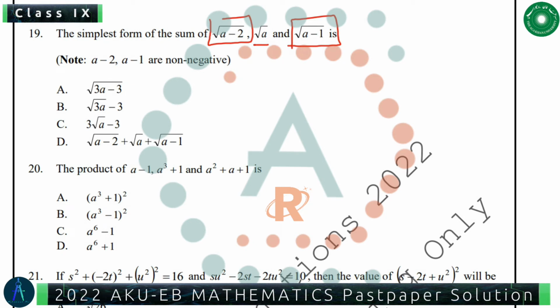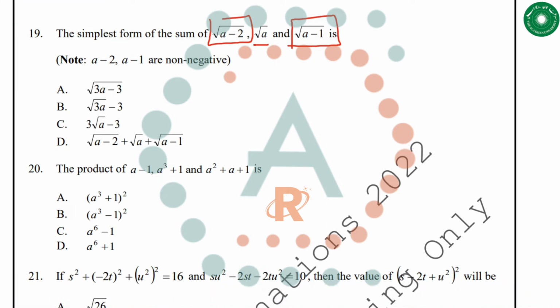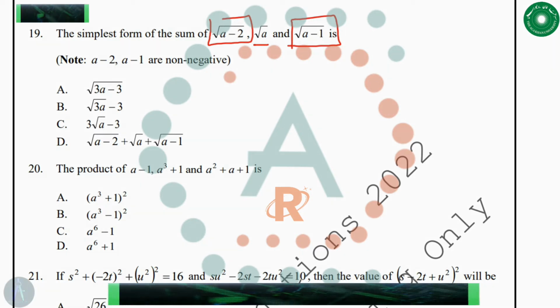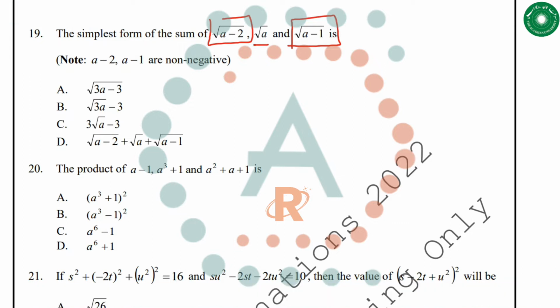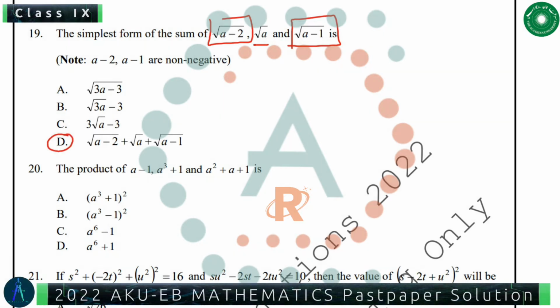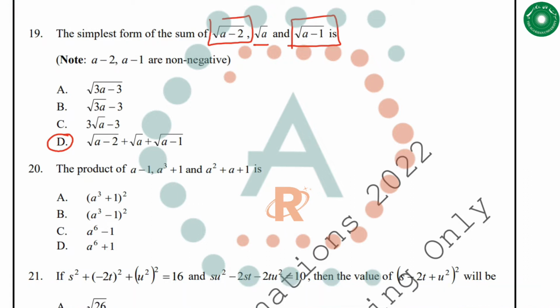As we can see, these three terms cannot be added because they have different radicands. For addition of radical expressions, the radicands should be the same. So the sum of these expressions will be option D, that is square root a minus 2 plus root a plus root a minus 1.